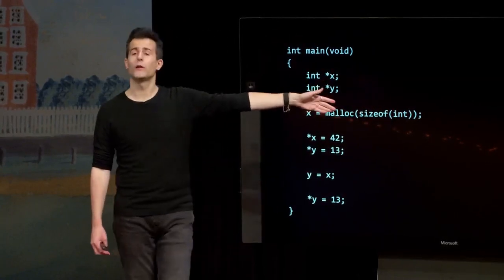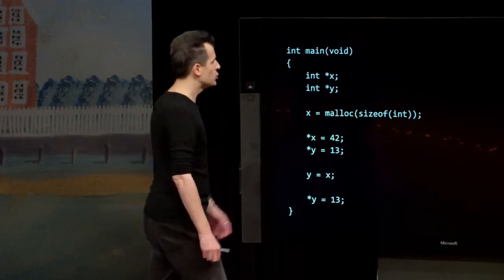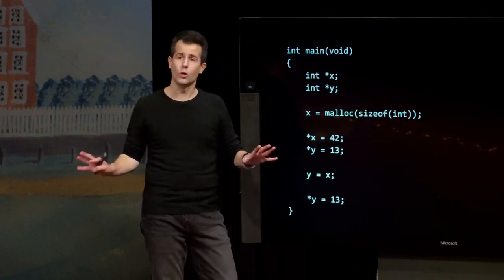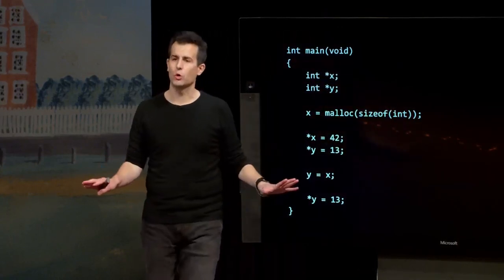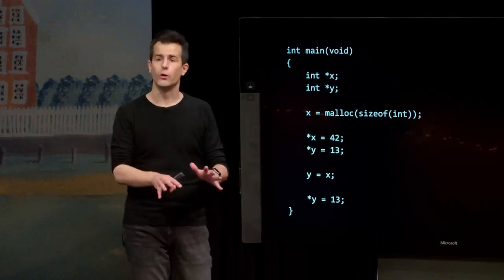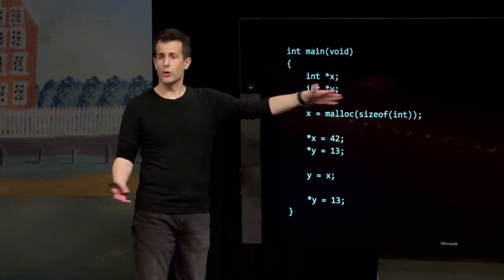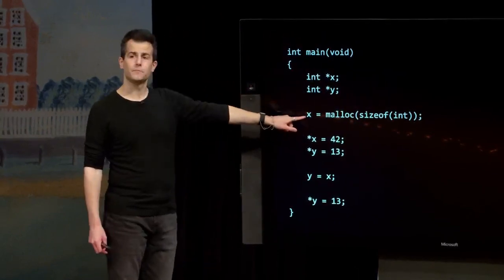It's just an operator in C that tells you the size of a data type, like the size of an int. So maybe you forgot that an int is 4. And indeed, an int is usually 4, but not always 4 in all systems. So sizeof(int) just makes sure that it will always give you the right answer, whether you're using a modern computer or an old one. So this just means really allocate 4 bytes to me on a modern system. And it stores the address of the first byte in x.